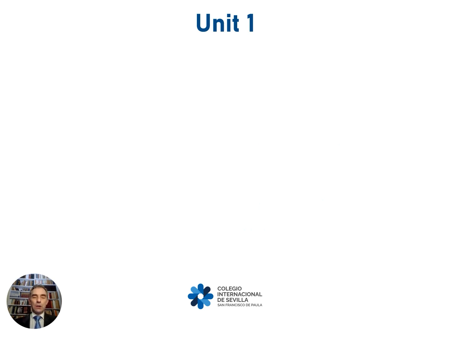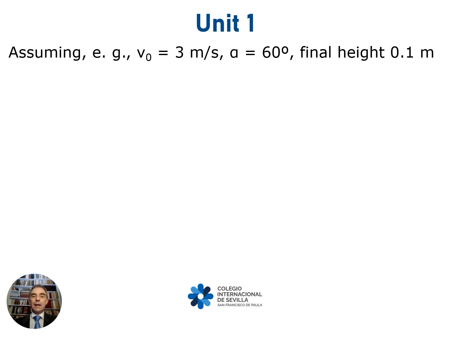Let's assume that our jet has an initial velocity of 3 meters per second. It has a 60-degree inclination above the horizontal, and then the final height reached, meaning the bucket, the basin where we are collecting the jet, is at 10 centimeters above the origin. So it's 10 centimeters higher, 0.1 meters higher than the origin of the jet as we were representing.